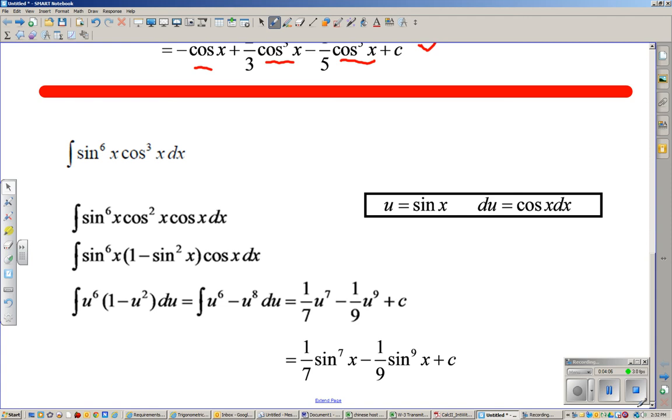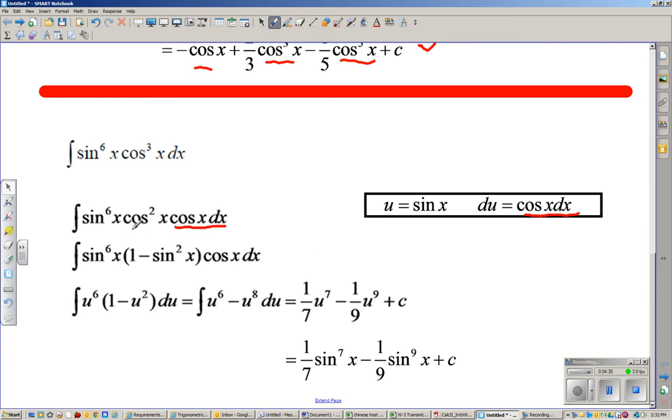Again with an odd power, and so I'm always looking for the odd power, and I'm going to peel one off. I'm already thinking about cosine x dx. I'll let that be du, and let u be the sine of x.